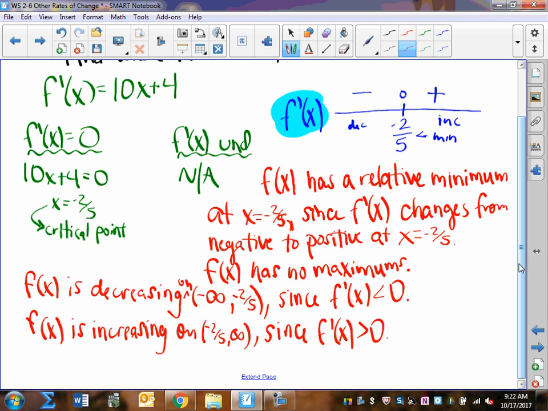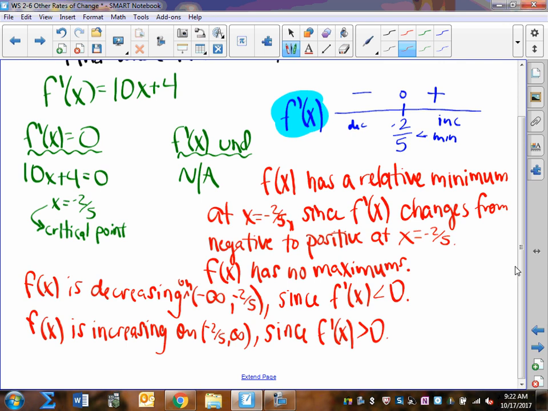Questions on that? So is everything that's written down in red, is that what we need? Yes, but you do have to have the work to support it. They are looking that you have found those critical values. They are looking for that number line, and then they're looking for this. So this is literally the words you'll write for your AP test. Now, you could change this up.